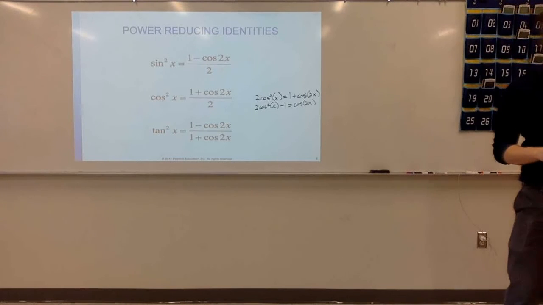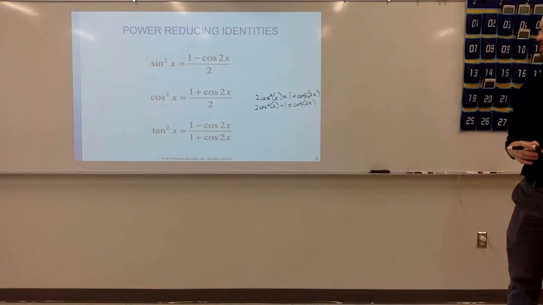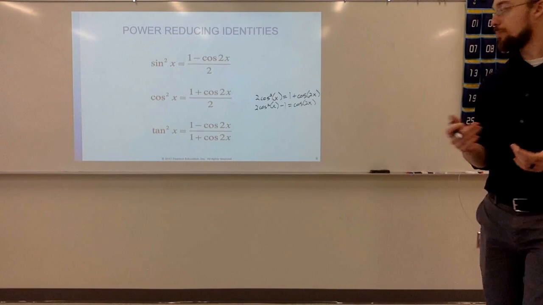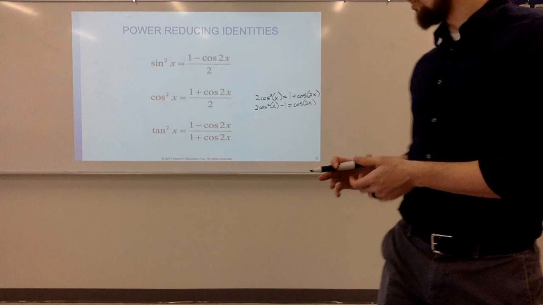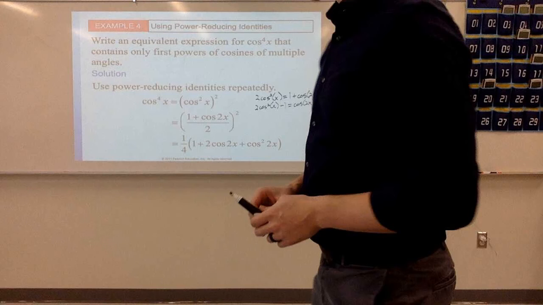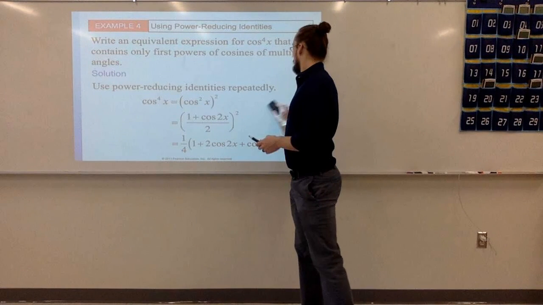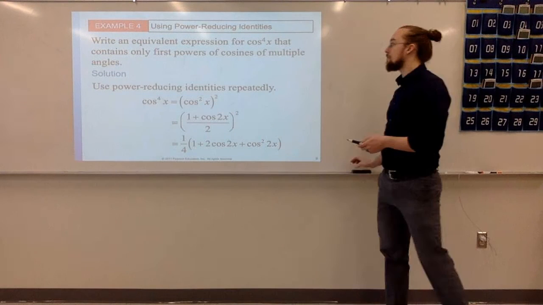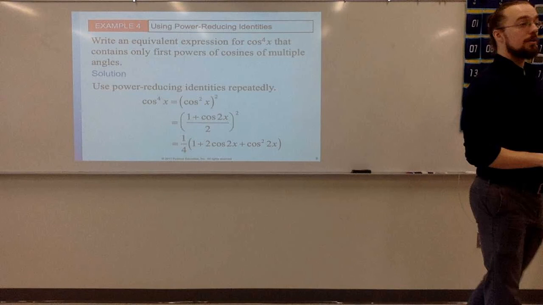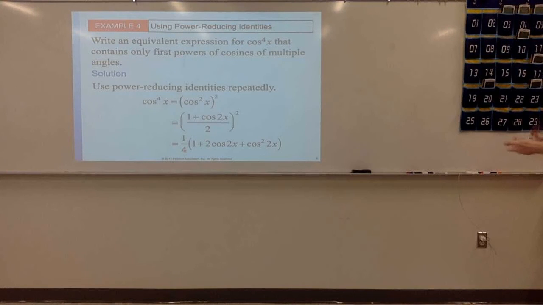Alright, we have these written down. So we can use these to do something like this. Write an equivalent expression for cosine to the 4th power that contains only first powers. The first steps are written out here.